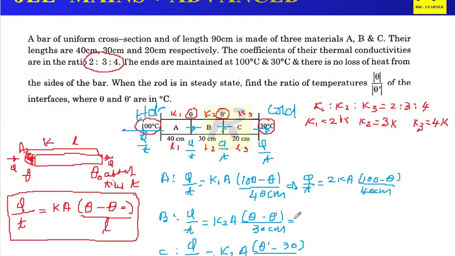And Q divided by T equals 3K into A, and inside the bracket, it is not 100, it is theta minus theta dash, divided by the length, 30 centimeter.